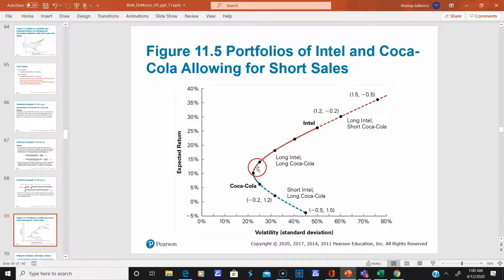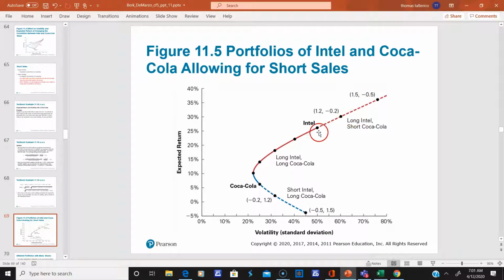And then if you go long, okay, now your volatility, if you're long both, is going up, but so is your expected return. But then over here, notice you're short Intel, long Coca-Cola, and here you're long Intel and you are short Coca-Cola. So you'll notice here that as the volatility is going up, so is your expected return.